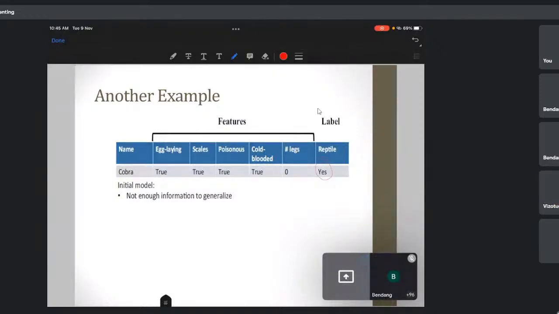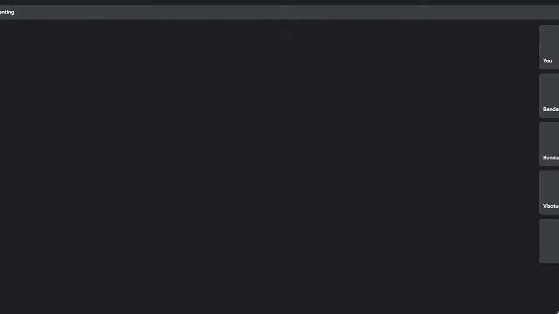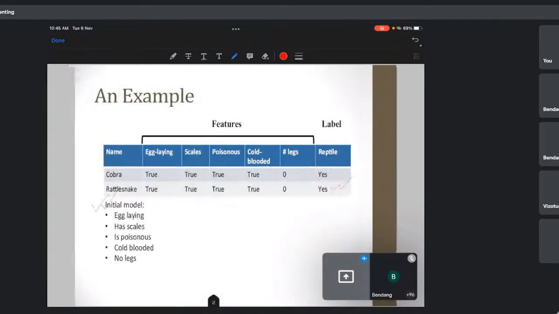With this data point, we cannot initiate a model. Why? Because we don't have enough information.